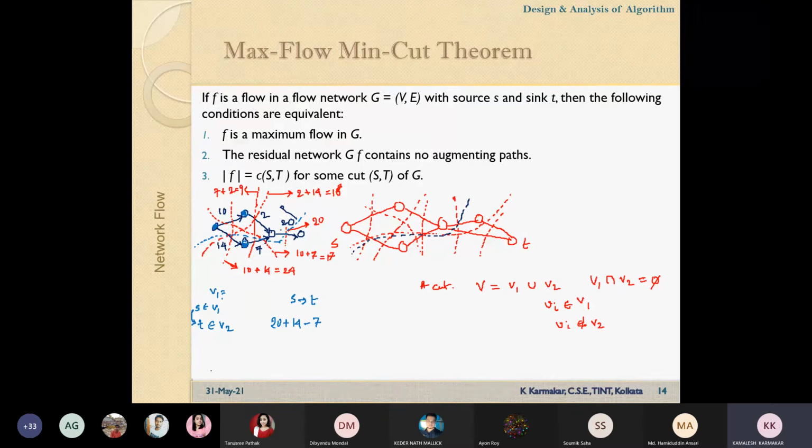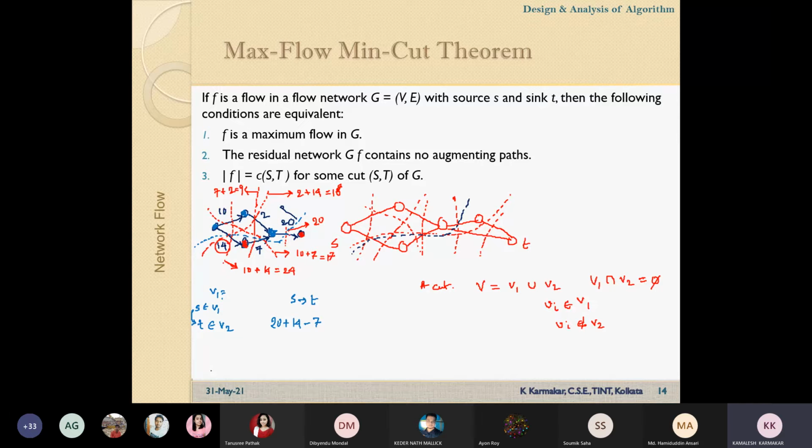This vertex, this one, and this one belong to V1. So these three vertices belong to V1. And which vertices belong to V2? In this case, this vertex and this vertex belong to V2. What is the flow from set V1 to V2? In this direction of source to sink, this unit is 14.